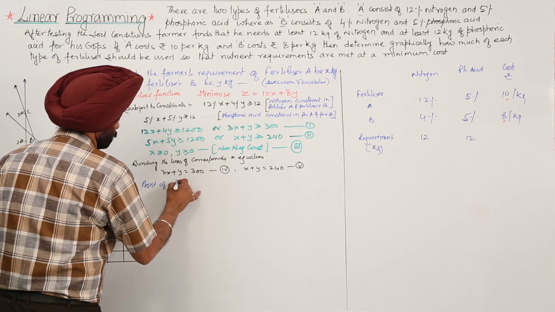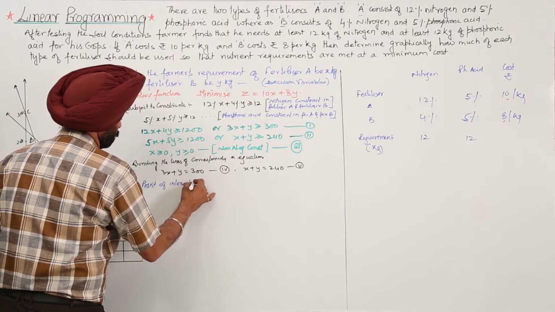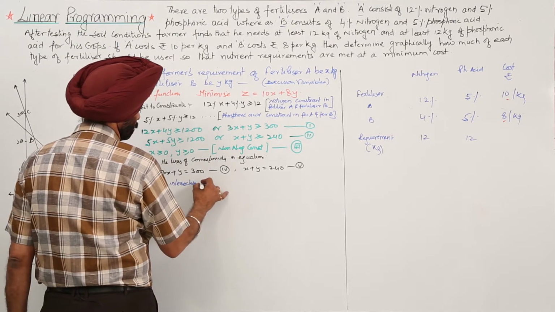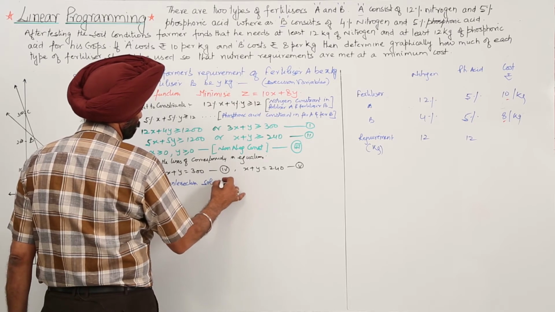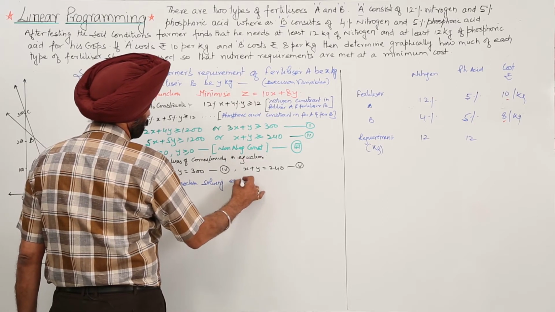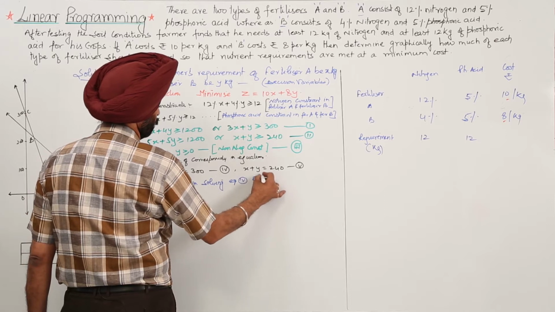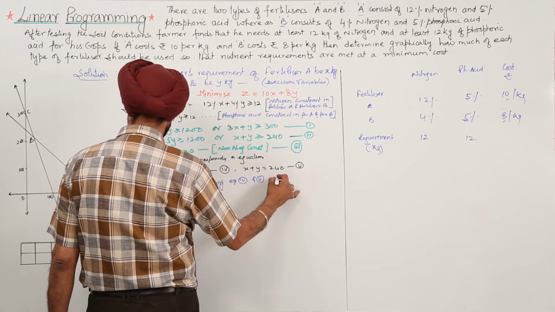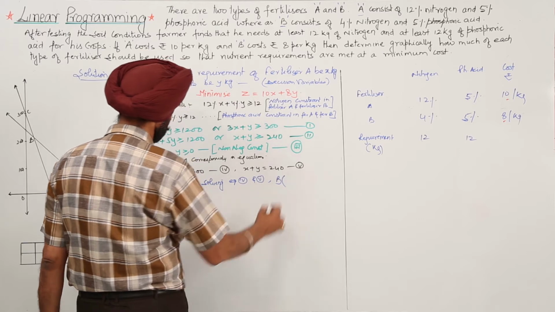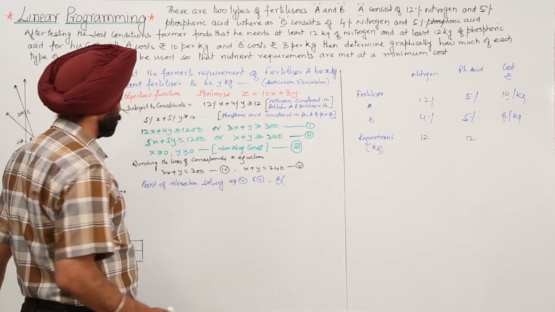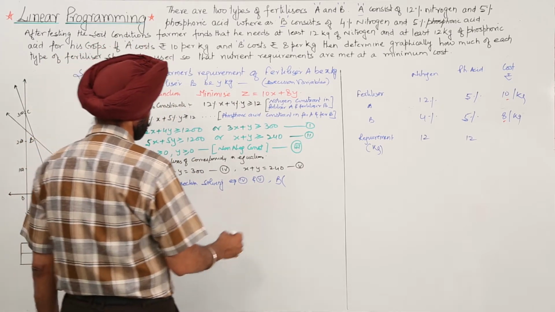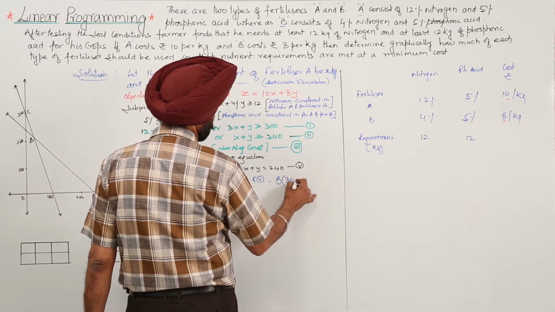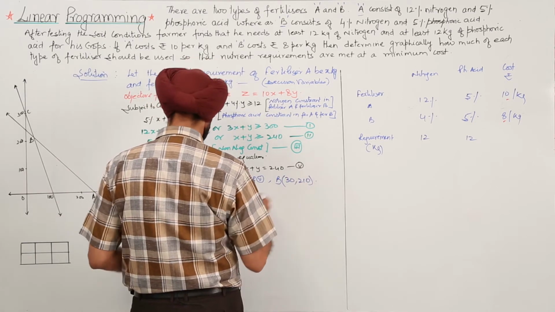Point of intersection. Solving equations 4 and 5, we get point B. On solving this, we are having point B as 30, 210.